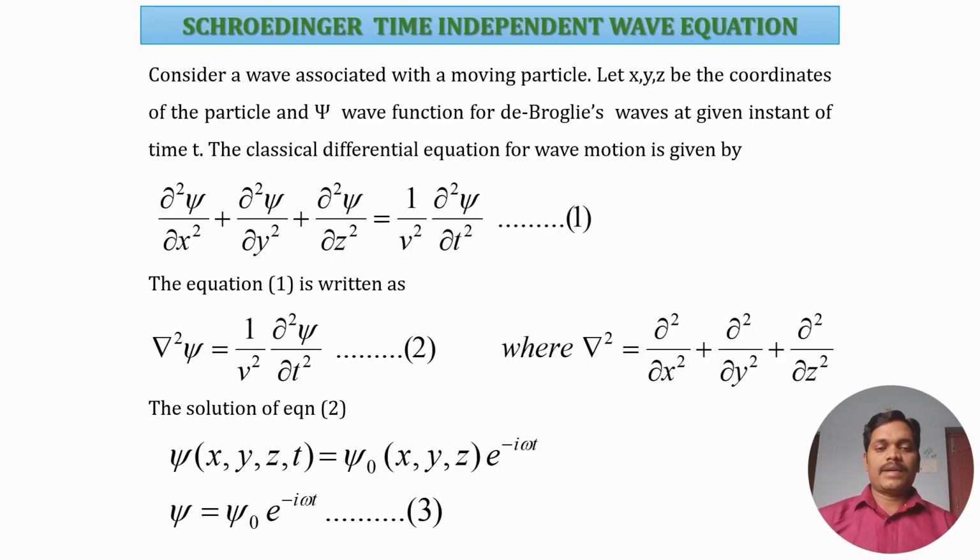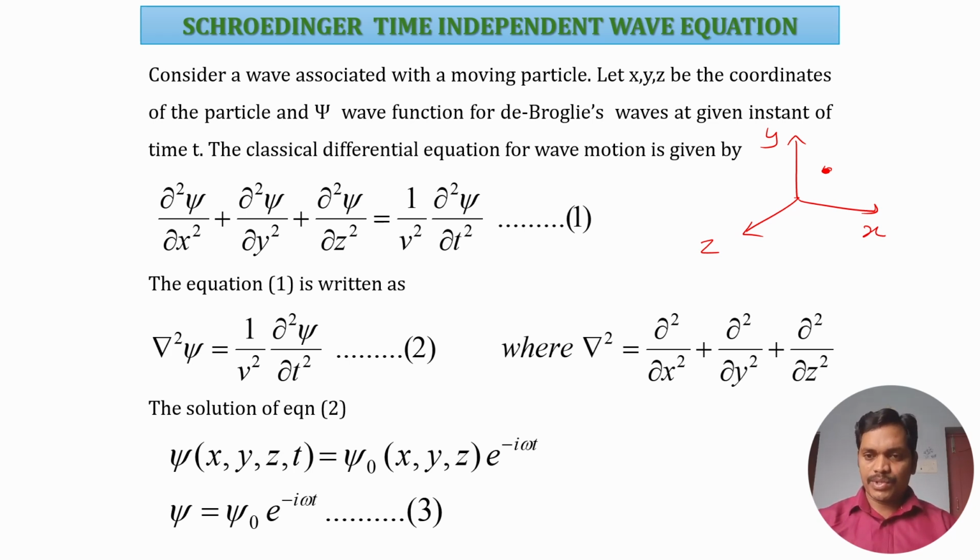In that concern, first we can discuss the Schrodinger time independent wave equation. Consider a wave in three dimensions, say this is the x-axis, y-axis, and z-axis. Consider a particle in any one axis.